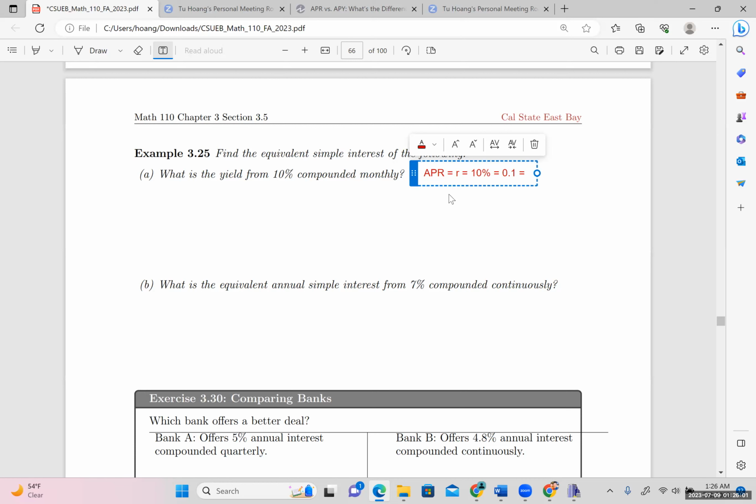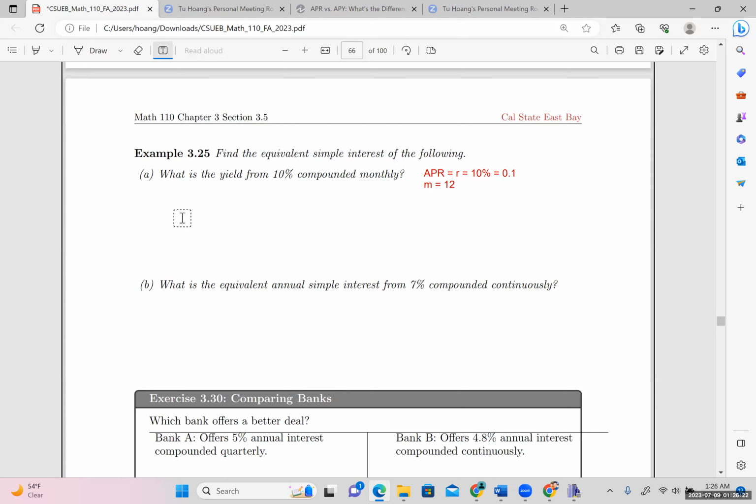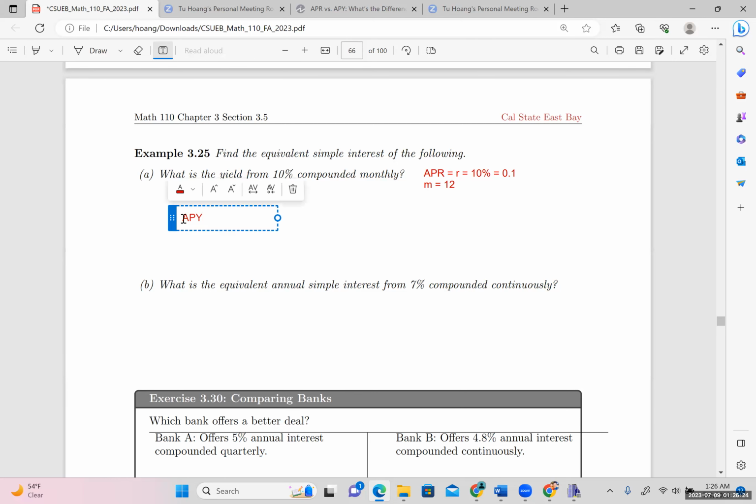And compounded monthly, so M equal to 12, right? Because it's compounded monthly, we're going to use the APY formula: 1 plus R over M, raised to power M, and then minus 1.